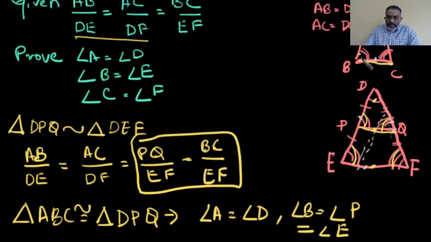So this B and this E are the same. That is good enough. The third angle has to be equal because all the angles put together must be 180. So there you have it. We have now proved that these angles are equal.